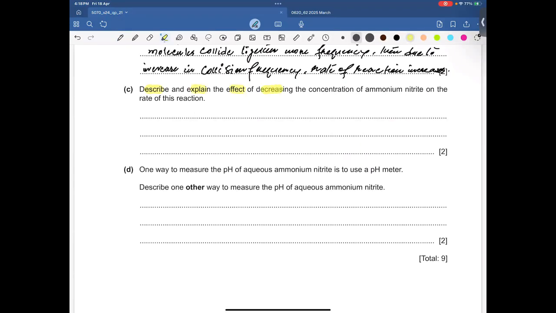Describe and explain the effect of decreasing the concentration of ammonium nitrite on the rate of this reaction. As we decrease the concentration of ammonium nitrite, the molecules become less crowded, and obviously effective collisions in a unit time decrease, and so the rate of reaction decreases.